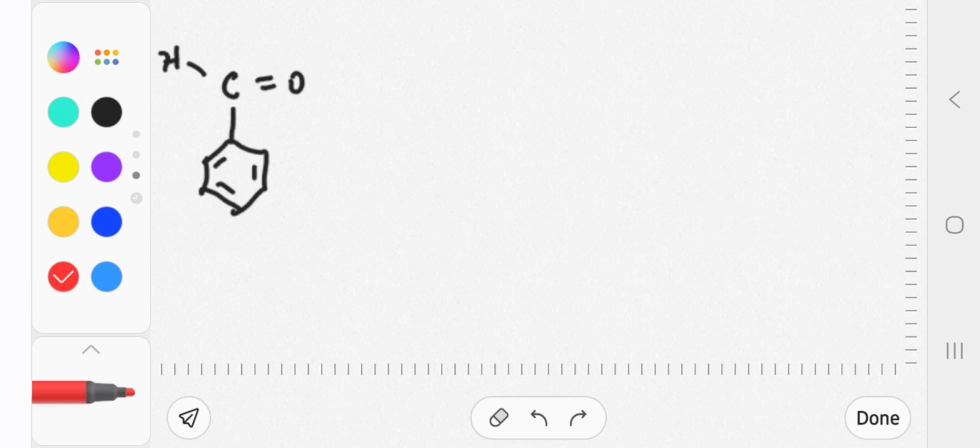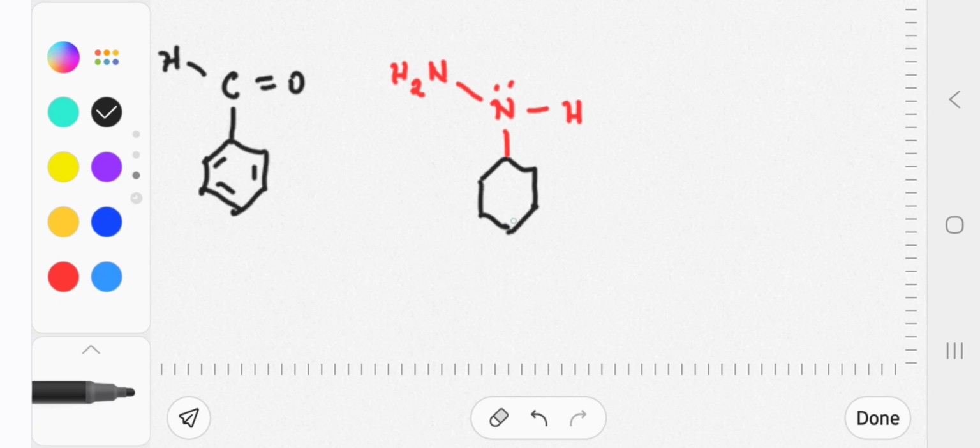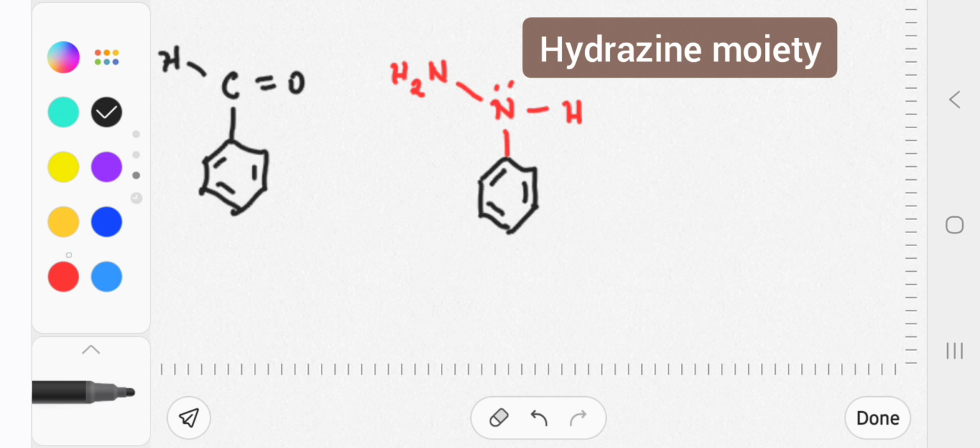2,4-dinitrophenylhydrazine. Hydrazine has a molecular structure that looks like this. H2N, you have the nitrogen, then you have an H now bonded to the benzene ring. I've written it in red to show you that's the hydrazine part of the compound.